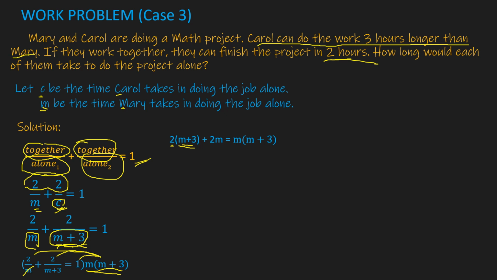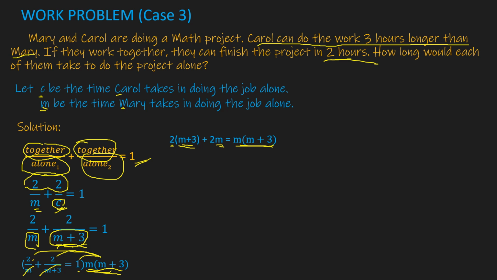And if we multiply the LCD to 2 over M plus 3, the only remaining factor to be multiplied is M. Equals 1 times M times quantity M plus 3. You may or may not write 1.